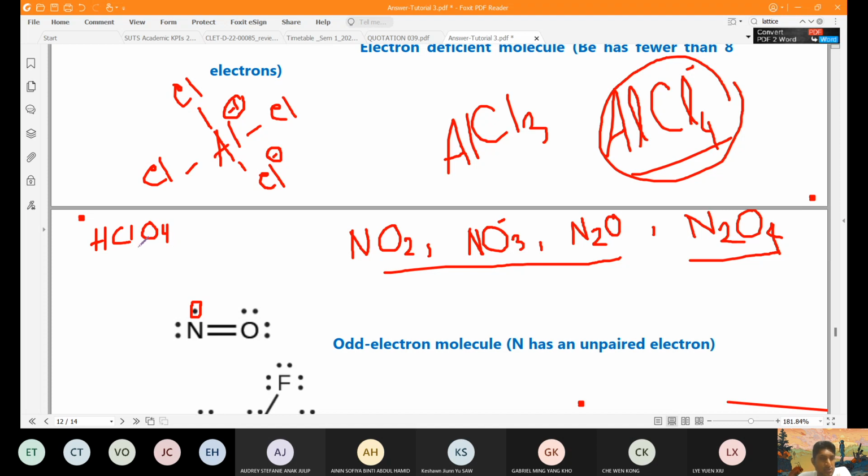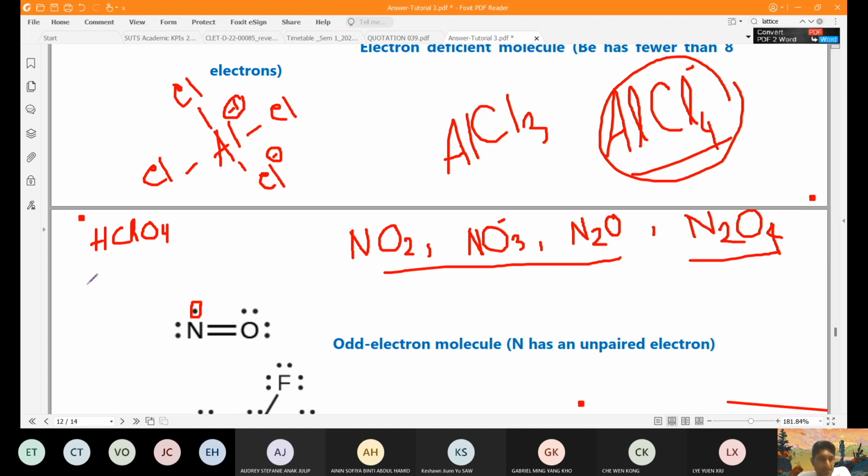Interestingly, which one will be the central atom? Hydrogen can make just one bond. Chlorine is electronegative, oxygen is even more electronegative, and chlorine also can make only one bond. So how does it make the bonding in HClO4?